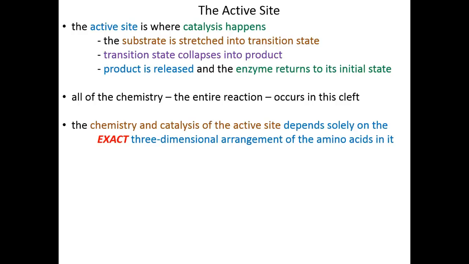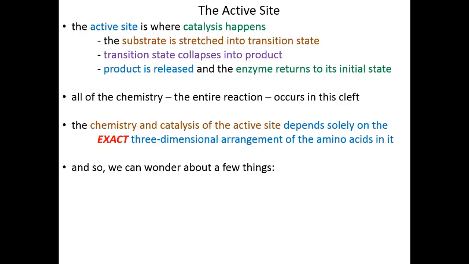It all comes down to structure equals function, to three-dimensional shapes dictating what occurs. In this case, what we really mean is that the chemistry and catalysis occurring in the active site depends on the exact three-dimensional shape and orientation of the side chains of the amino acids that make up the active site.